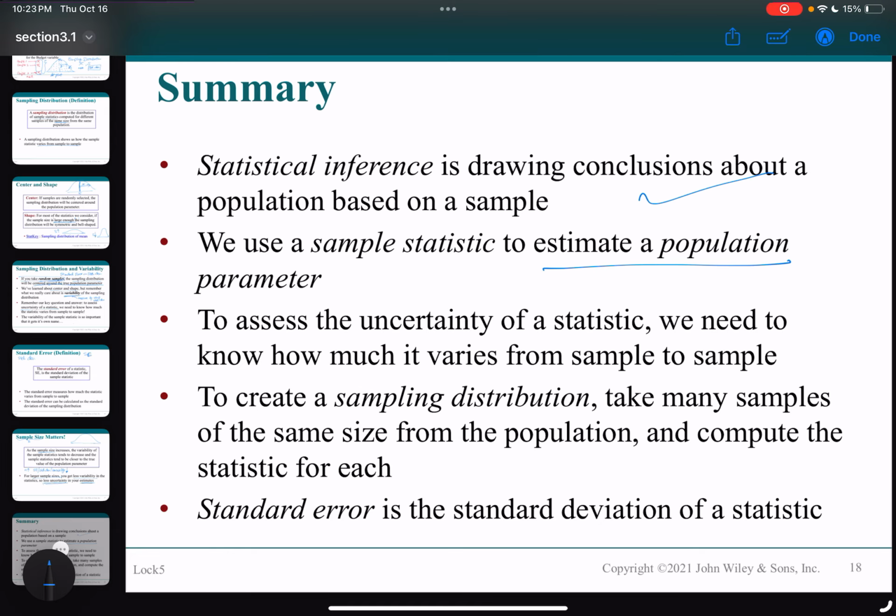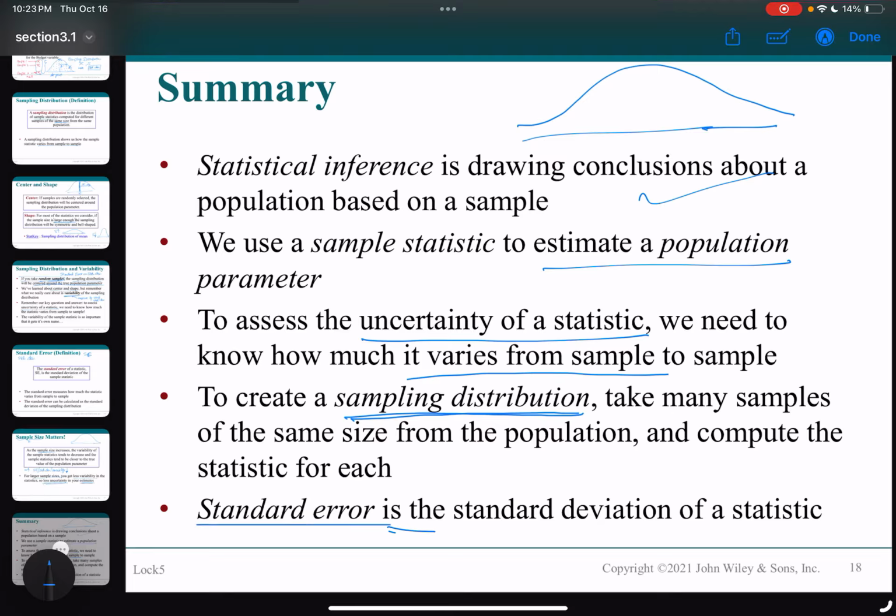We estimate the population, and we talk about the uncertainty because the statistics vary from sample to sample. To overcome this issue, we came up with the idea of sampling distribution. Take the means of all samples and plot them, a dot plot. Then we can find the sampling distribution. Standard error is exactly the same as the standard deviation.